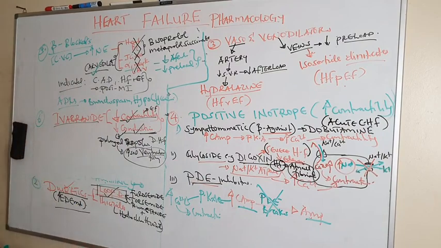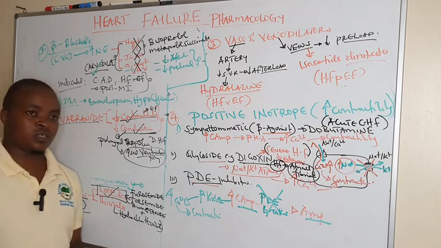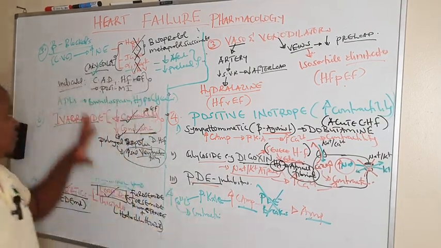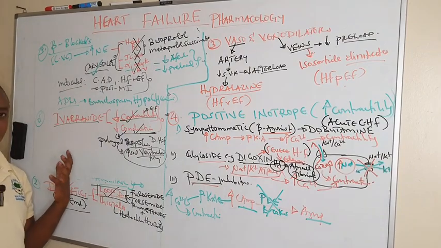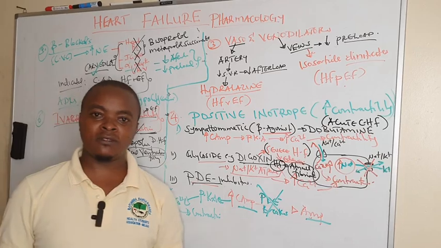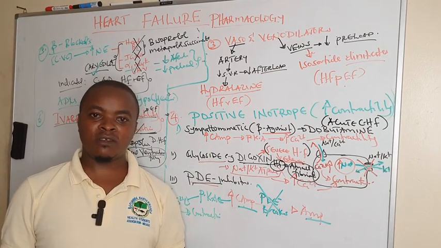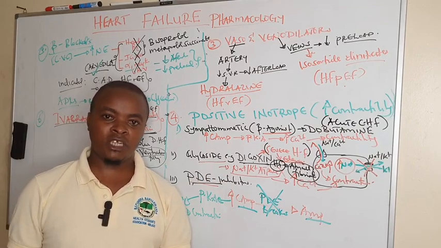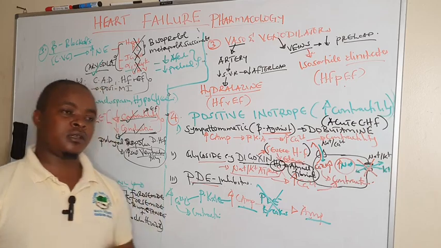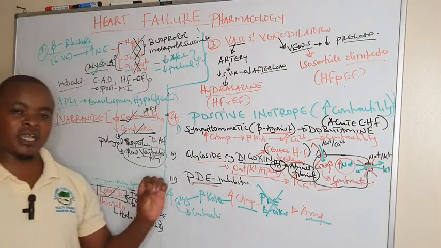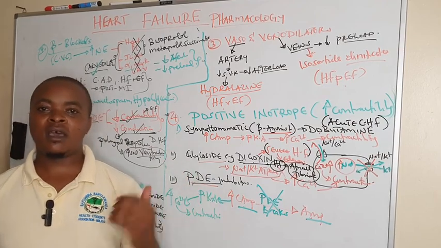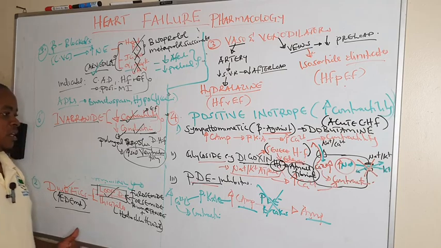So these are the categories of the drugs we can use under treatment of heart failure. We have seen RAAS inhibitors, which included ACE inhibitors and ARBs. Then we had aldosterone antagonists, together with ARB in combination with a neprilysin inhibitor, used as first choice in treatment of both systolic and diastolic heart failure.